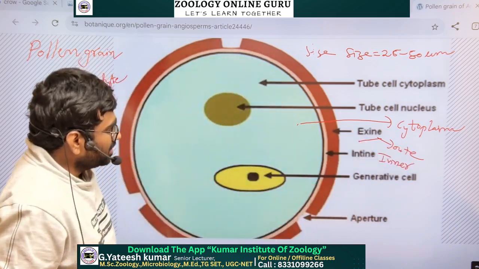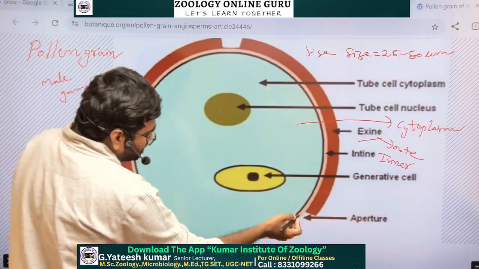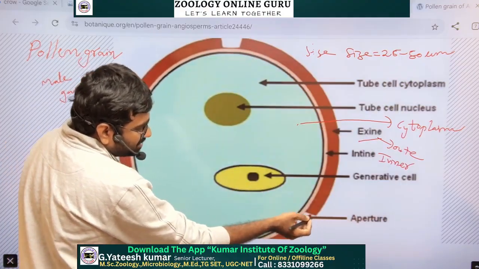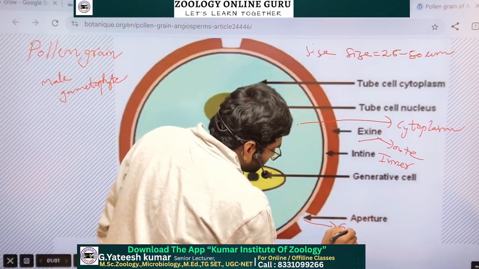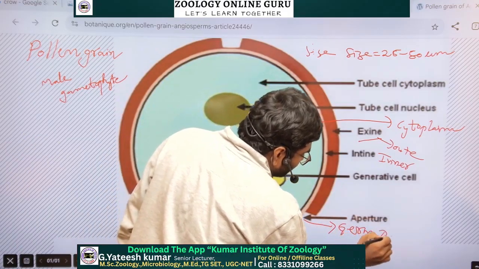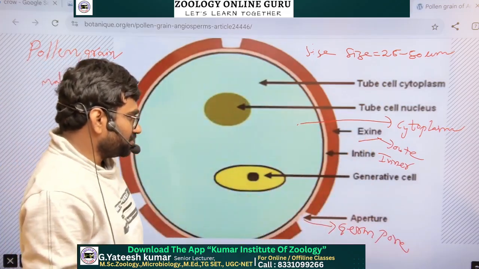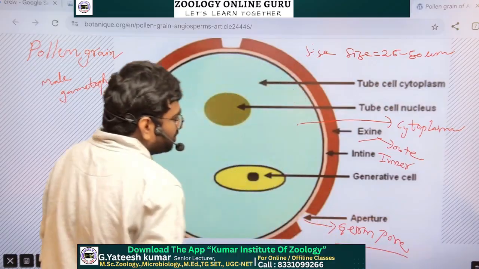Very important: here we observe some gaps. These gaps are known as the aperture. This aperture is known as the germpore, where the exine is absent. Exine is absent at the gaps, and that is known as the germpore.